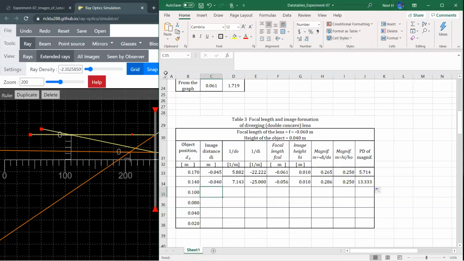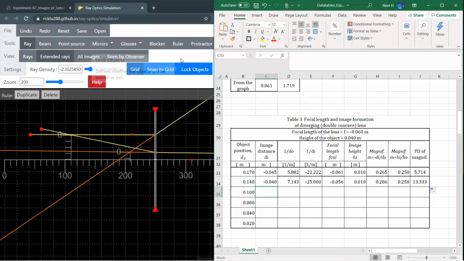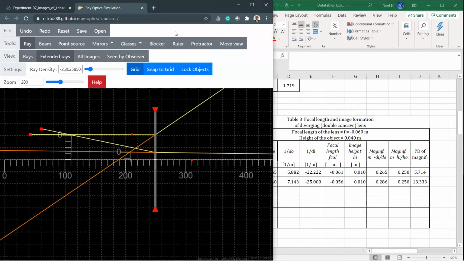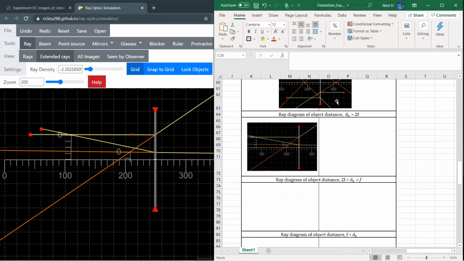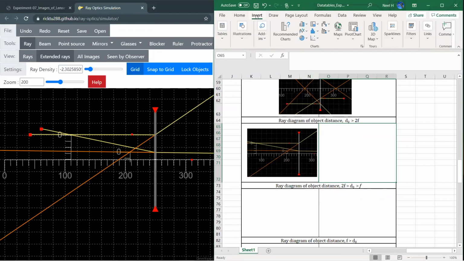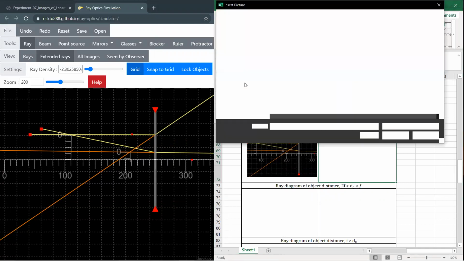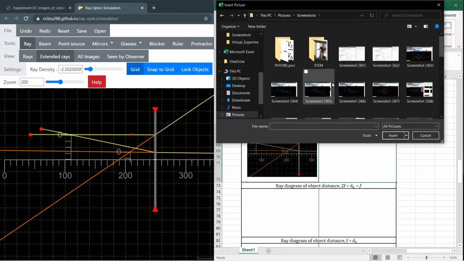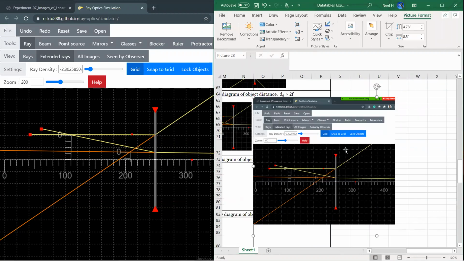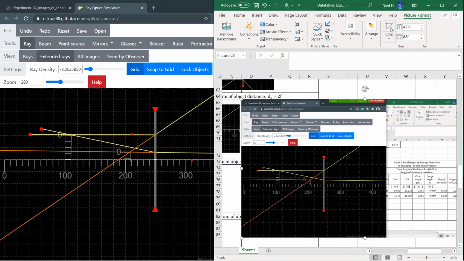Okay, so all we have to do, let's take another diagram, another picture here. I should go to this one right here. Almost the same, similar pictures now.